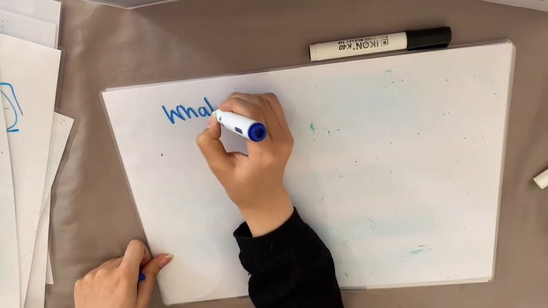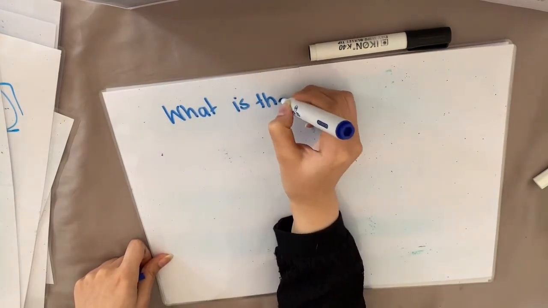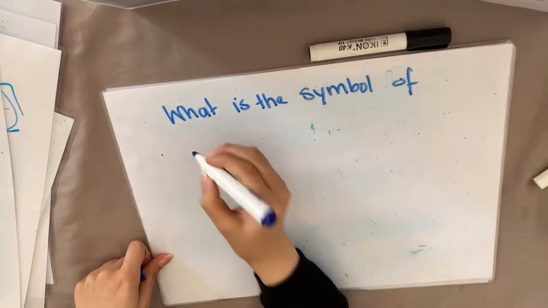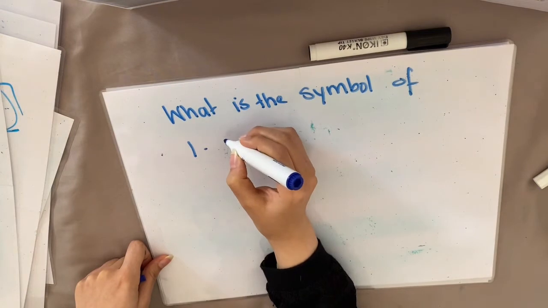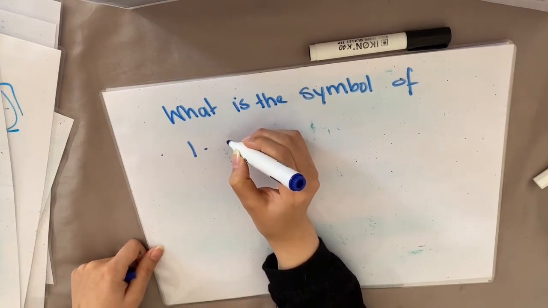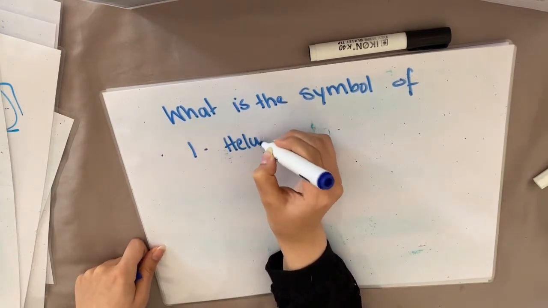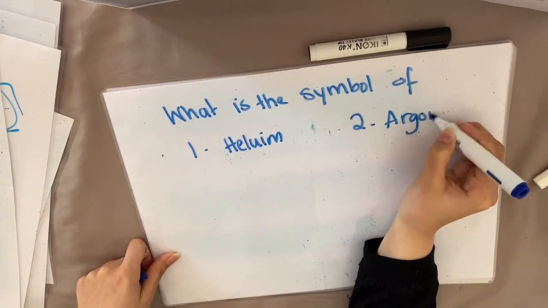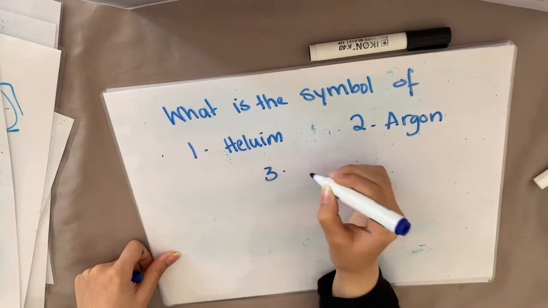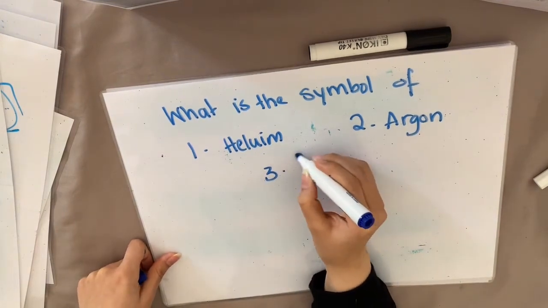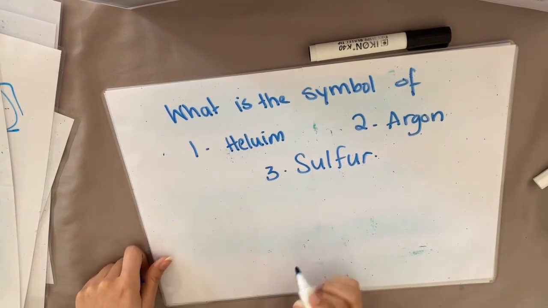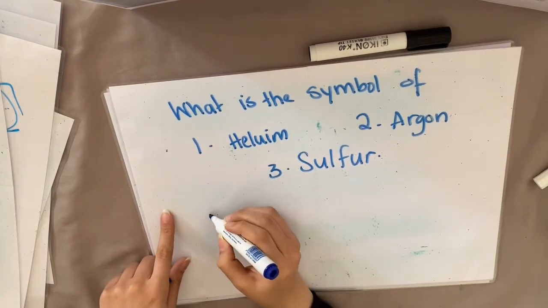What is the symbol of, first of all, let's say helium, argon, and what can we say else? Sulfur. So this is the 3rd question. And finally, chemical formula.